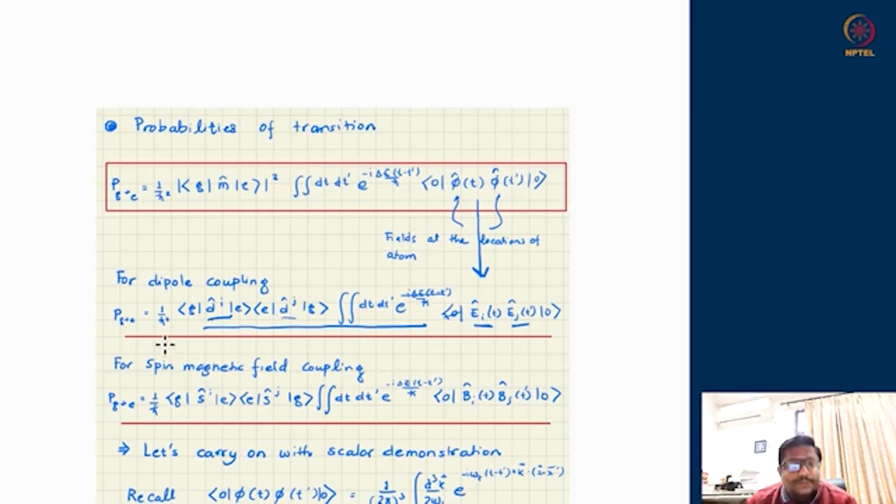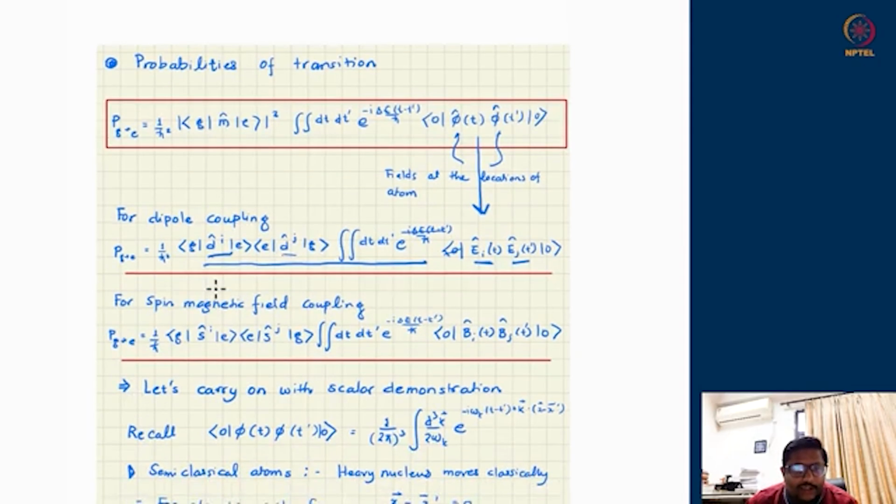Similarly, when the spin of an atom talks to the background magnetic field, there also you would obtain a very similar looking expression for the probability of transition across the atom, where the role of d will be taken over by the spin and the role of the electric field will be taken over by the magnetic field. So you will have S_i B_i and S_j B_j kind of terms.